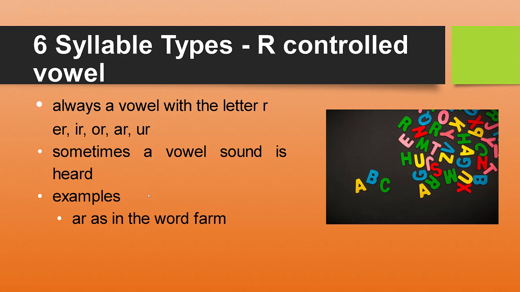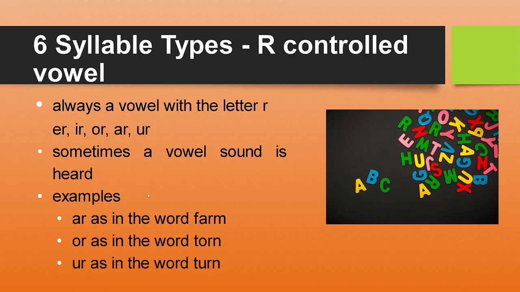AR, as in the word farm. Notice that the AR makes the R sound, so it makes kind of a new sound with that A. Torn. The OR, we still hear that long O in the word torn. But look at the word turn. We hear 3 consonant sounds, but we don't hear a vowel sound. We don't hear that short U at all. We just hear the 3 consonant sounds.